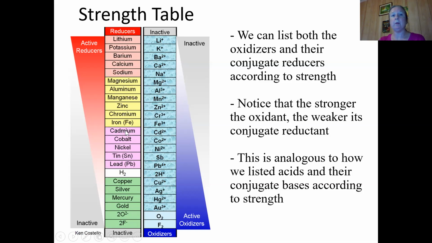Cadmium is weaker than magnesium as a reducing agent. It cannot make magnesium. So a weaker reducer cannot make a stronger reducer. This cannot be a product in the reaction of cadmium and magnesium ion. A weaker cannot make a stronger.